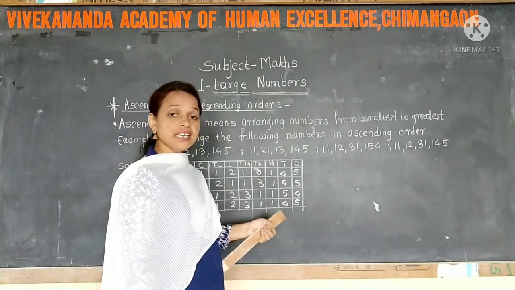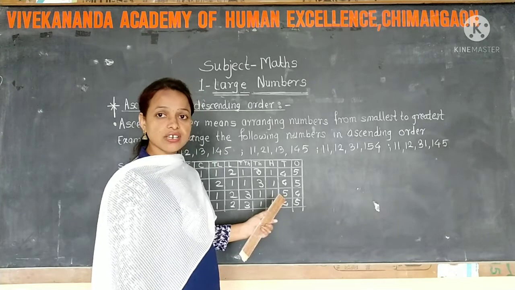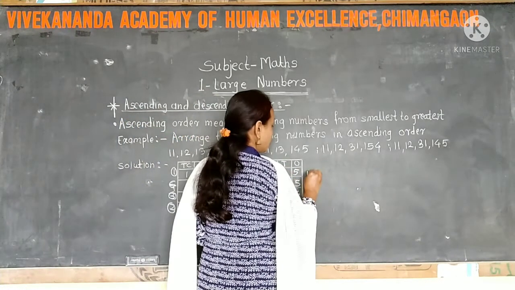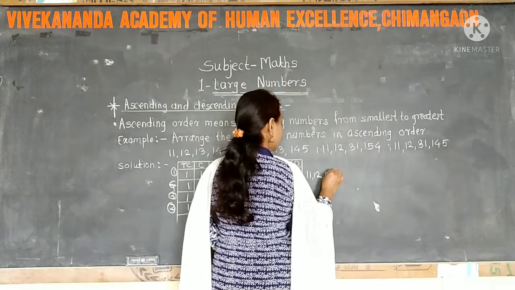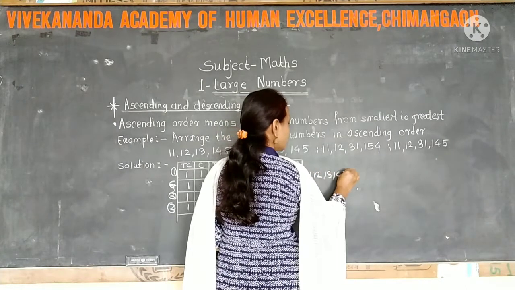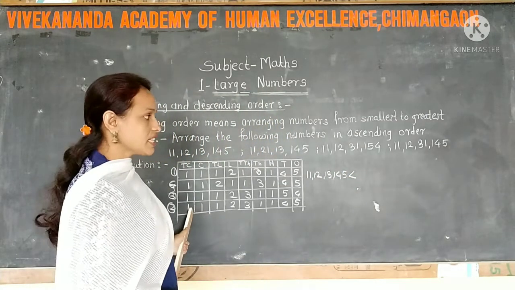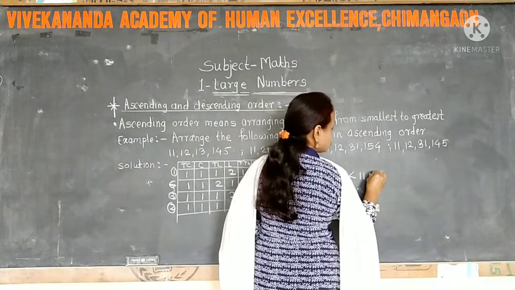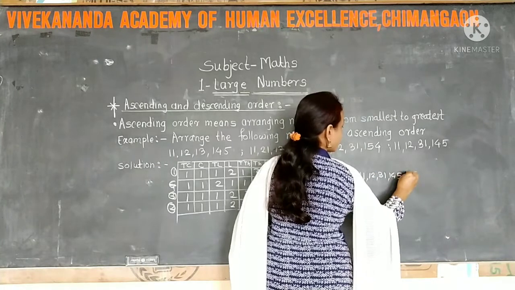Now by comparing a given number, we write a given number in ascending order. First, here smallest number is 11 crore 12 lakh 13,145. Greater than this, second is last fourth number 11 crore 12 lakh 31,145.